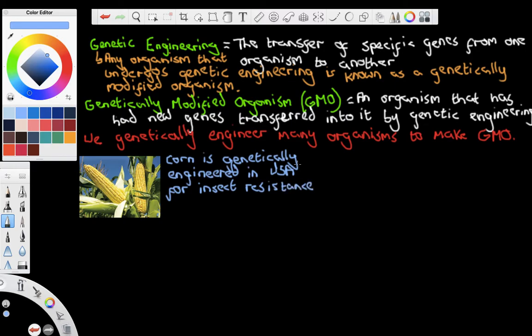Farmers in the US use corn that has a gene in it that repels insects. If they didn't do that, there would be lots of insects eating their corn, and therefore they won't grow enough.